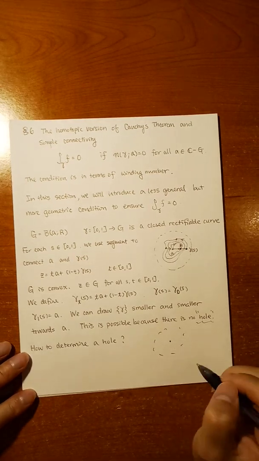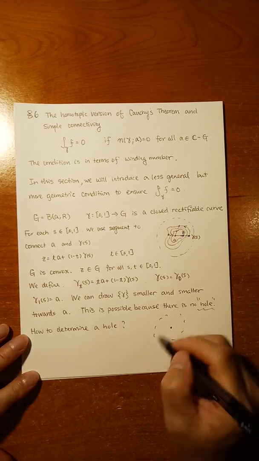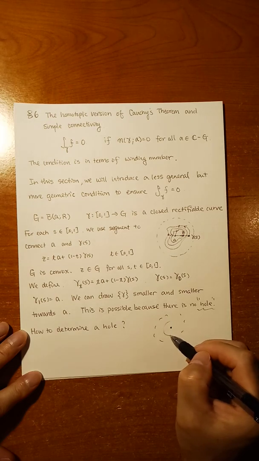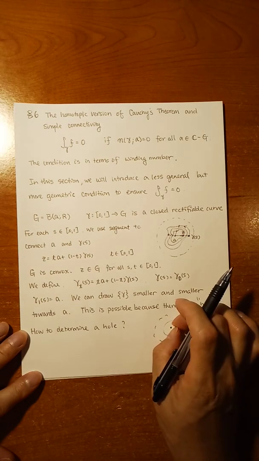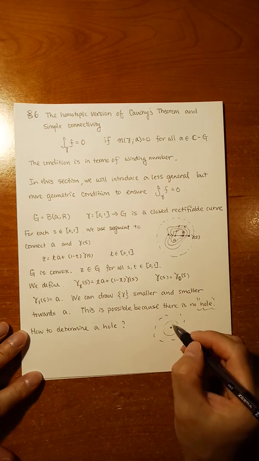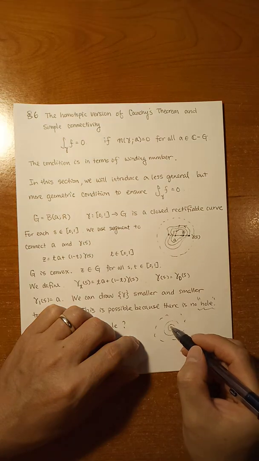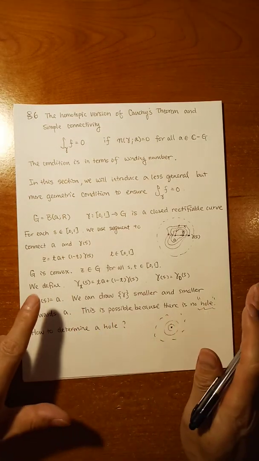Then from common sense, we say this is a hole. Now, how do we make this precise? It's like you have a rubber band. If you can shrink this rubber band, making it smaller and smaller, towards a point inside the set, it means there's no hole.